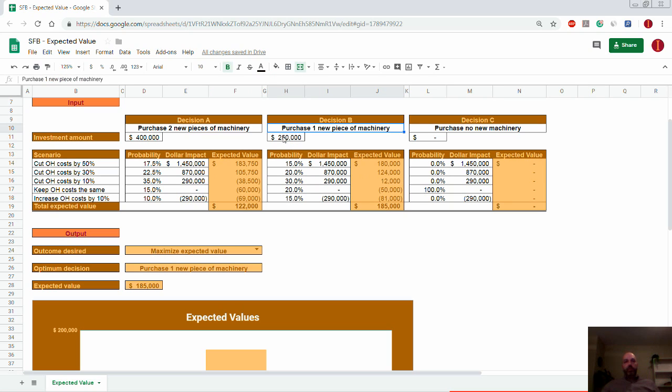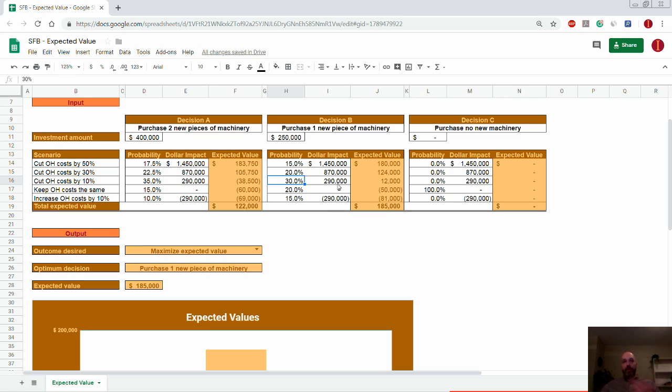In this case, there's a 30% chance of overhead costs getting cut by 10%. The dollar impact's the same, of course, 290,000. But since the one piece of new equipment only costs 250,000, you got 290,000 minus 250,000. So positive expected value.